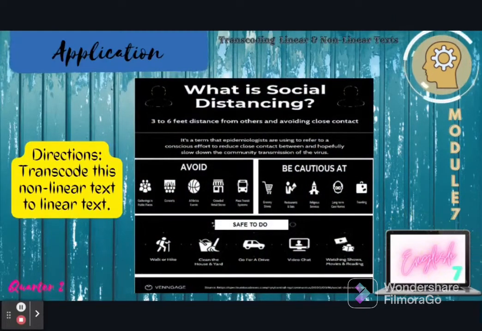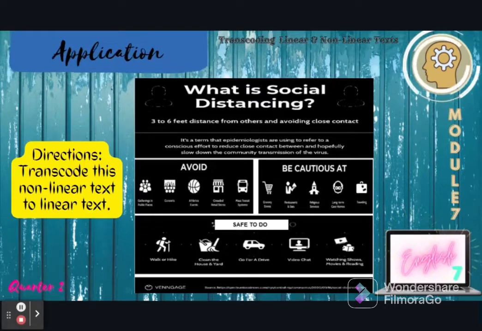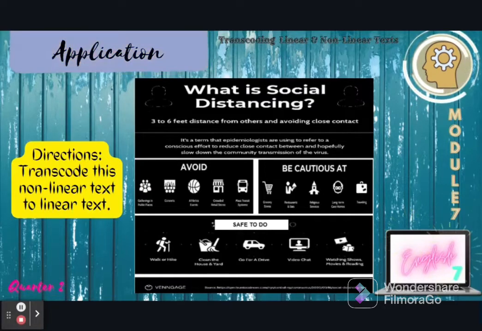Let's try to create 2 to 3 sentences of the main points in the infographic. Directions: transcode this nonlinear text to linear text.